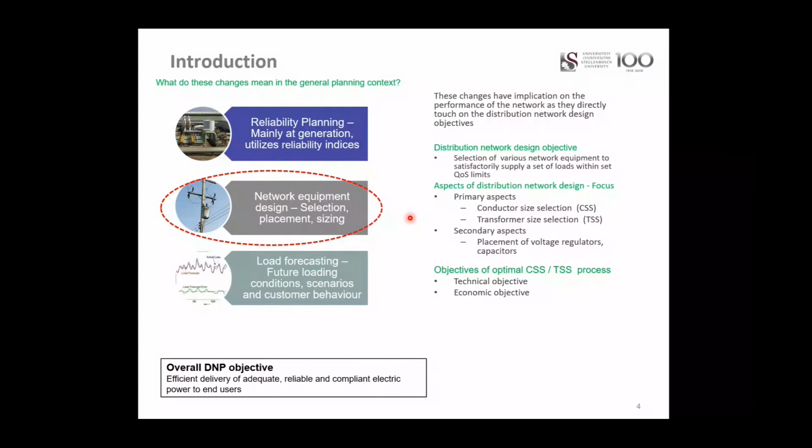Mainly the technical objective is usually concerned with the loading of the transformers and the conductors, as well as the quality of supply standards, which have to do with voltage rise, as well as voltage unbalance, among other issues. And your economic objective would be basically to look at the cost aspect of your design. Is it affordable? Can we meet it? As we even say that it's technically feasible.